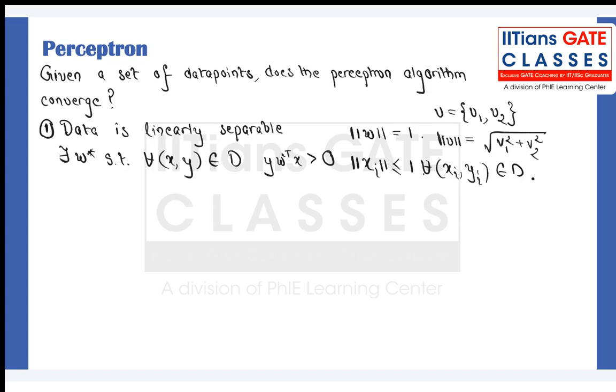And the norm of W star, in fact, that is an optimal hyperplane, is 1. And each data point I'm standardizing such that the maximum value is at most 1 for all data points xi comma yi belonging to D.